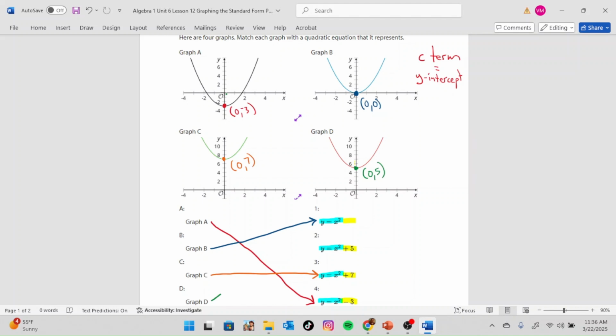That means graph D must match equation 2. If you have any questions about what the C term in a standard form quadratic equation tells you, please leave a message below and I'll get back to you with any help that I can offer.